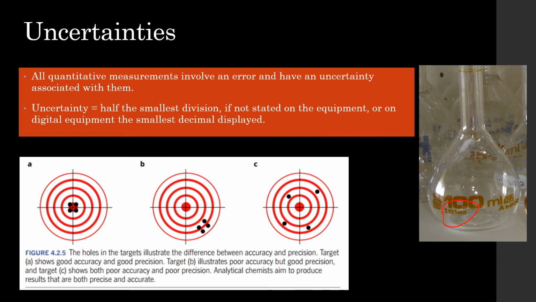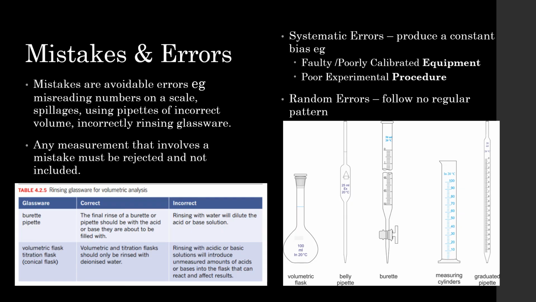So here's our level of uncertainty for this volumetric flask, remember, that's when we fill it up to that calibration line there. If not stated, it's half the smallest division, or on digital equipment such as the digital balances, it is the smallest decimal displayed.